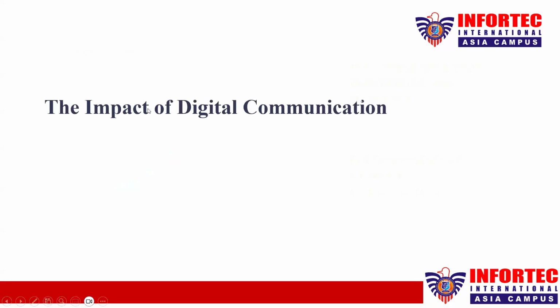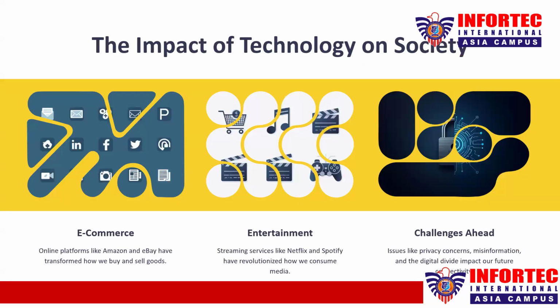Right. So now we are going to discuss the impact of digital communication. The impact in the sense, what happened, what it performed when we put this digital communication into different fields. So let's take society first.